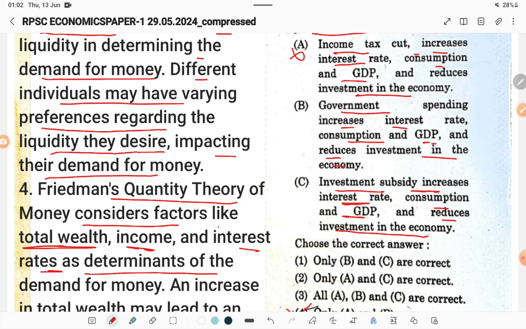I think this statement is also incorrect according to me. An investment subsidy is designed to increase investment by reducing the cost of investment for businesses. It would typically lead to increased investment, potentially higher GDP, and may not necessarily increase interest rate or consumption significantly. So as per me, all three statements are incorrect.